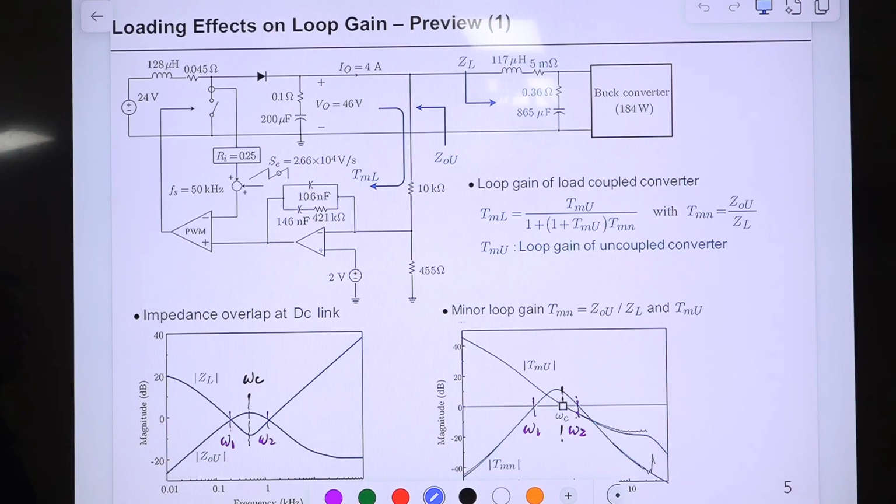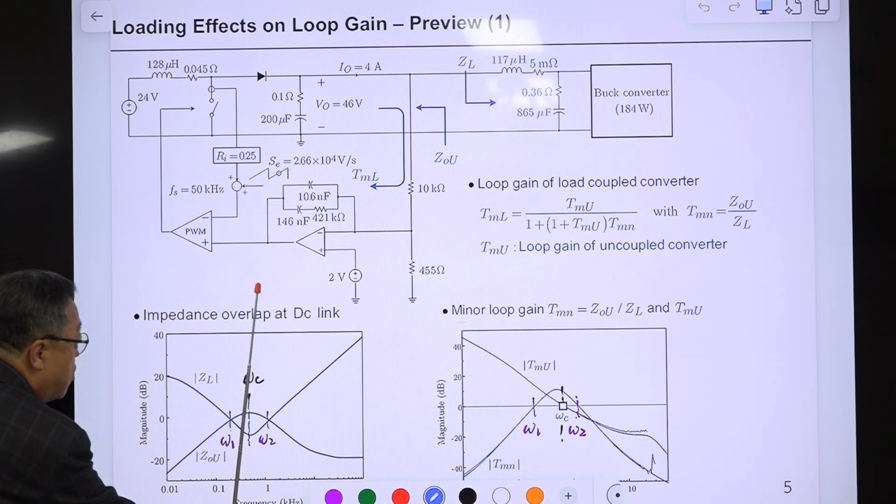So why is it here? I said the peak of the output impedance of the uncoupled converter usually, probably always, occurs at the loop gain crossover frequency of this converter. So omega C should be here.